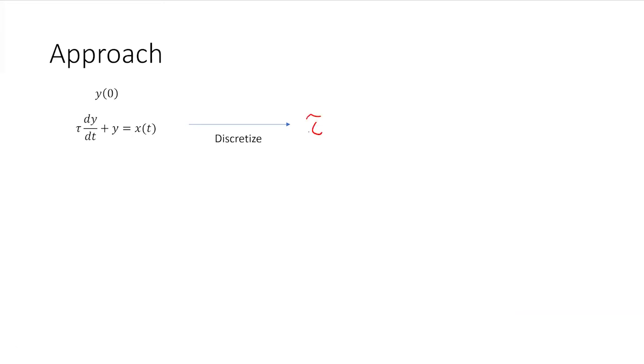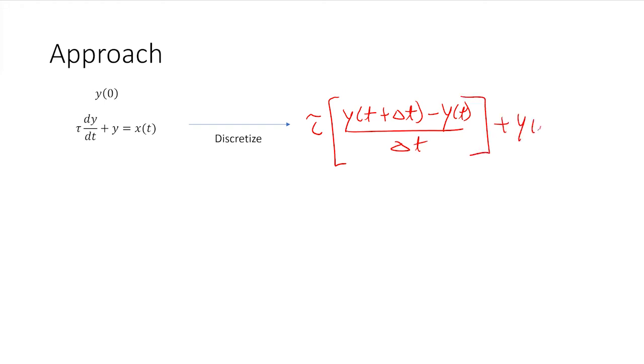Tau times y of t plus delta t minus y of t all over delta t plus y of t equals x of t.